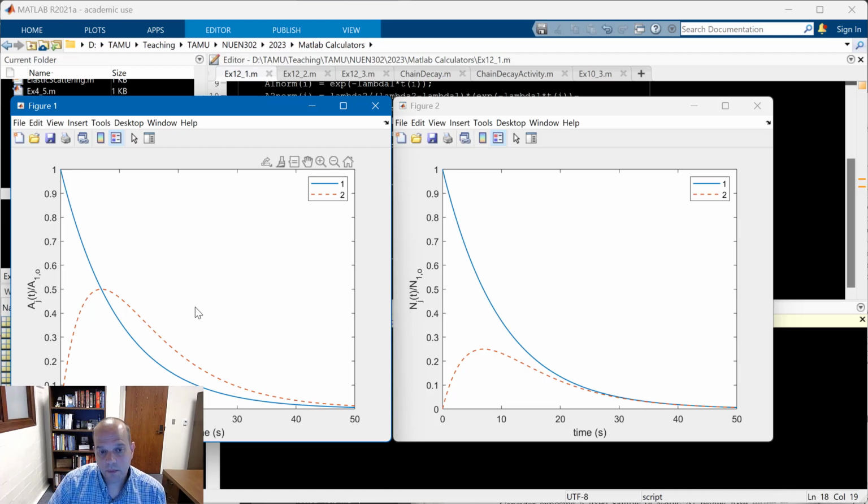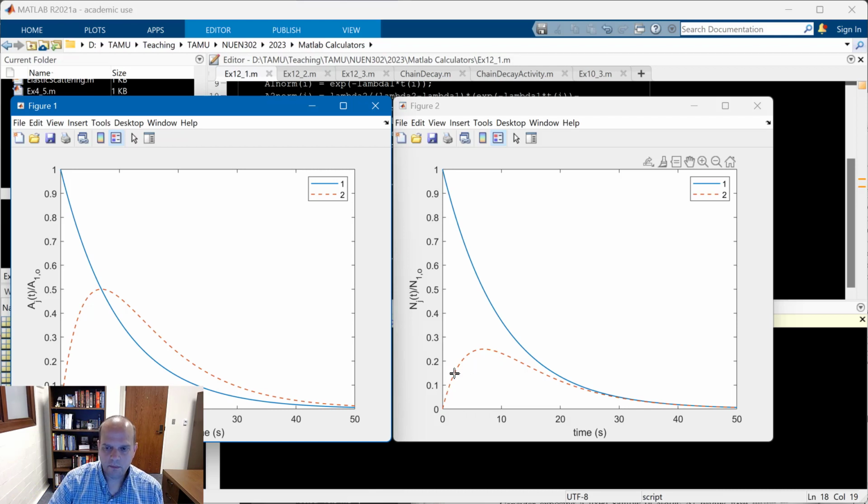So going back to our expressions, in this first case we were expecting transient equilibrium in terms of activity, and it's not readily apparent that that's the case here. We can see that as we decrease the number of isotope 1, we're increasing the number of isotope 2, but then at some point I start to decay away from isotope number 2 into the final stable daughter, isotope number 3.